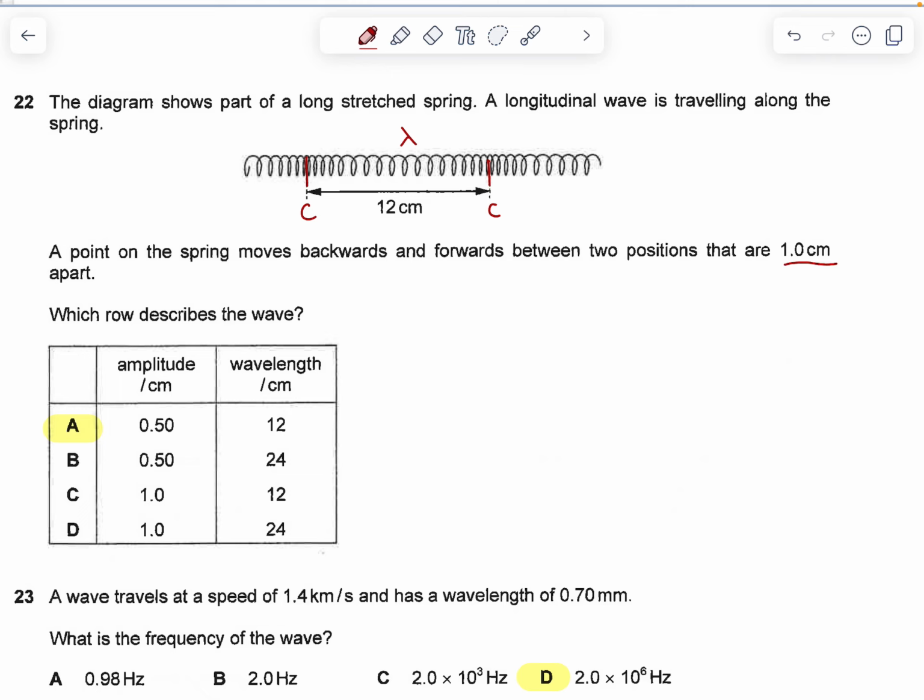So looking at the graph, it's 1.0 cm where the max and the minimum displacement are. So amplitude is just 0.5.